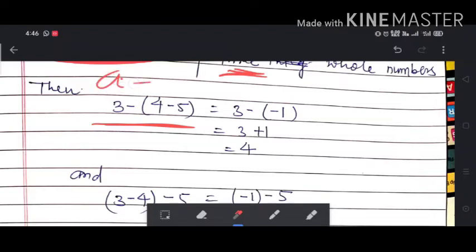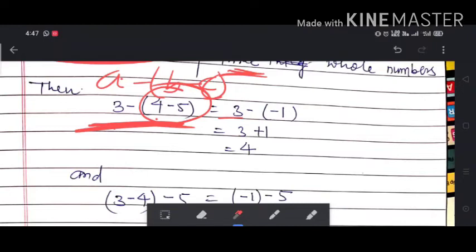A minus (B minus C). Okay, so we follow the same rule and we write 3 minus (4 minus 5). By the concept of simplification we solve the numbers inside the bracket first. So we get 3 minus (4 minus 5), which is 3 minus (-1).